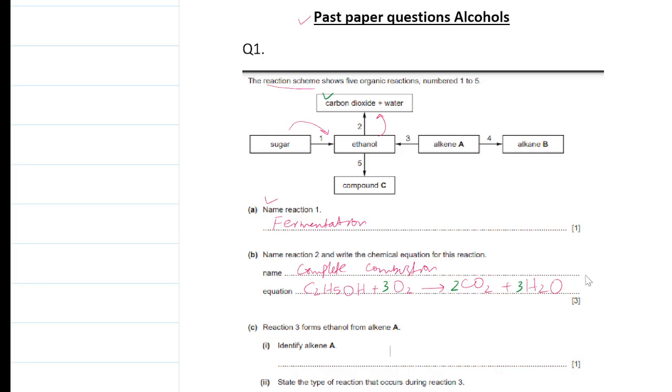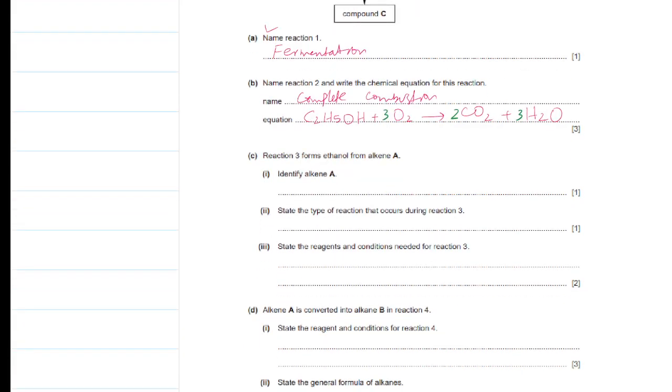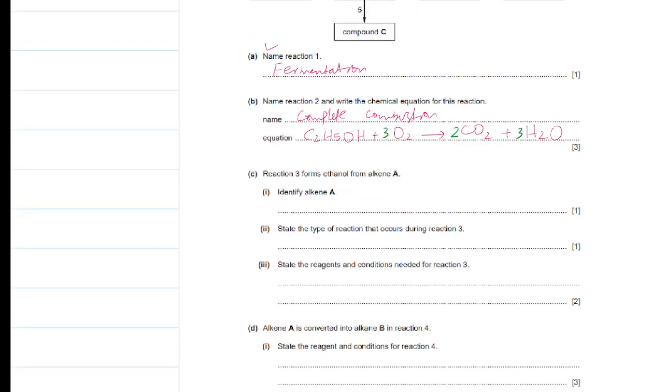Okay, now moving to another question. This is a question related to reaction 3, which forms ethanol from alkene A. Whenever ethanol is formed from an alkene, that is the addition reaction of the alkene. So keep that in mind. Whenever ethanol is formed, the alkene that is used to form the ethanol is ethene.